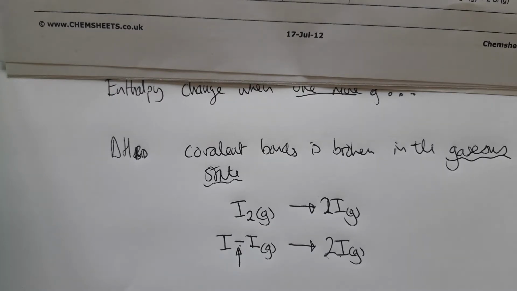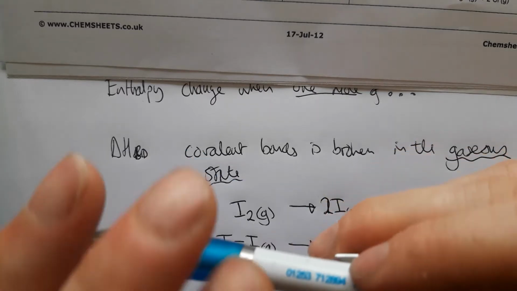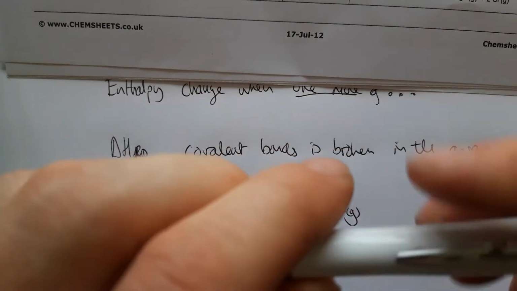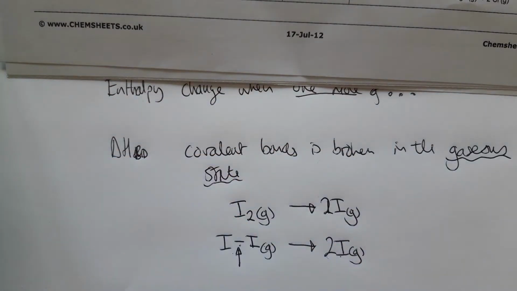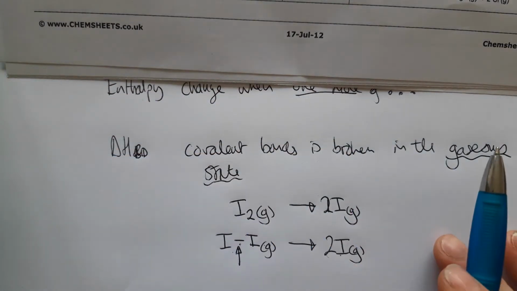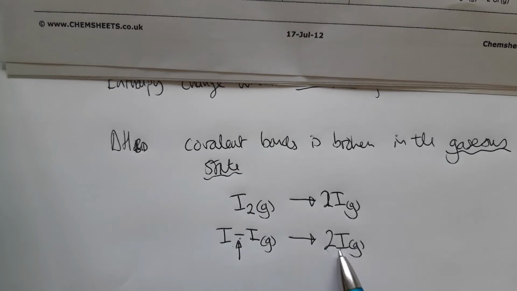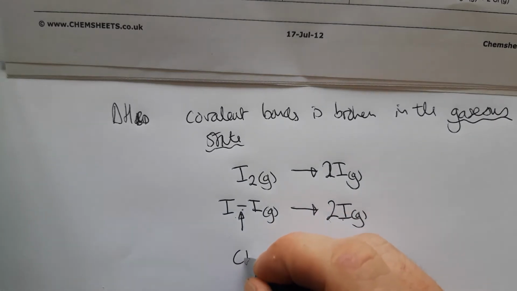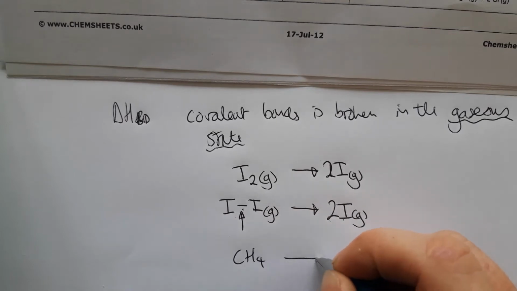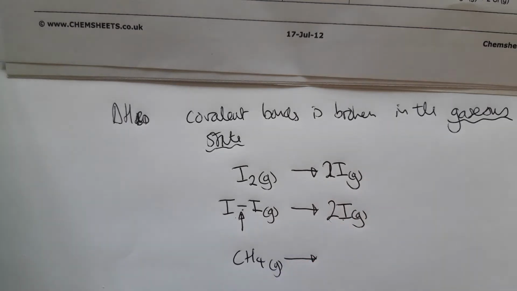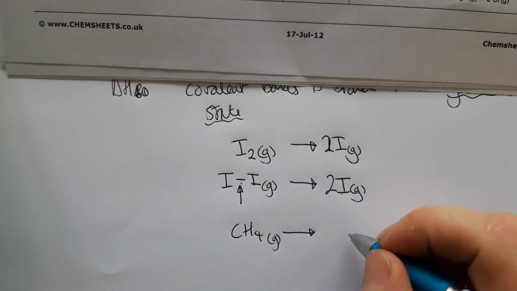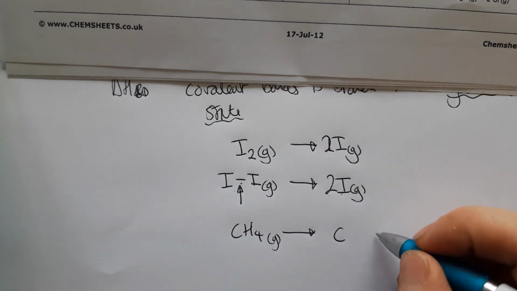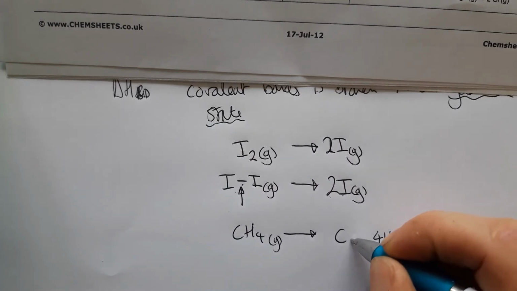If you break a bond, you will create 2 things, won't you? If I break this pen in half, break 1 pen, you create 2 pieces. So bond dissociation will create 2 different parts. If I write something like CH4 gas, everything's got to be in a gas if you're using bond dissociation, becoming a carbon and 4 hydrogens, gas.